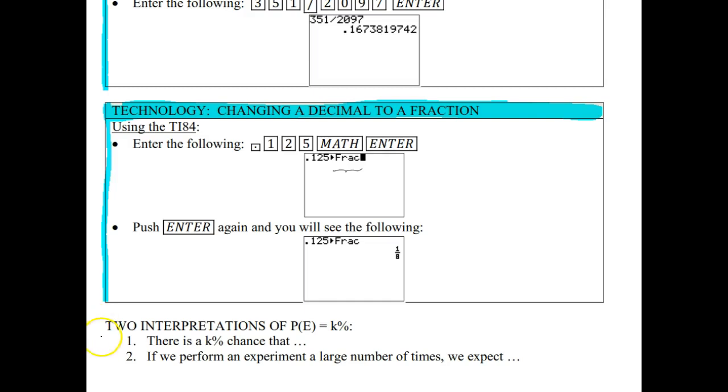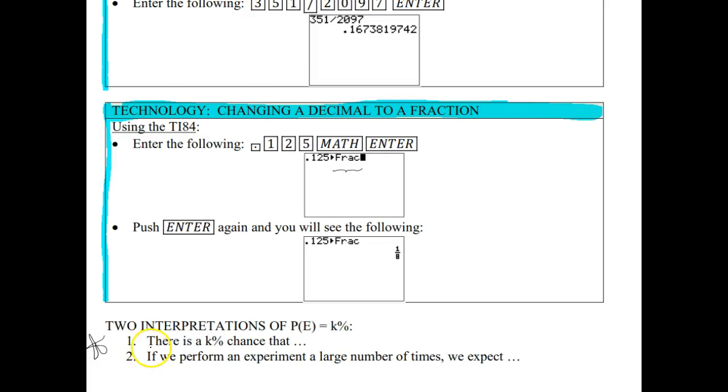All right, so the last key concept on this page are the two interpretations for the probability of some event being k%. Okay, so as we interpret those probabilities, we can interpret those for either a single object being in a particular category or looking at a percentage of all objects being in some particular category.